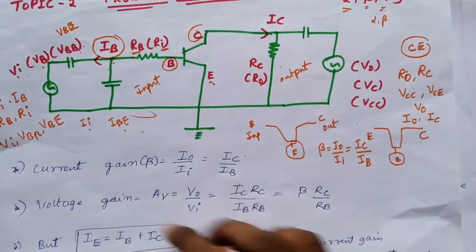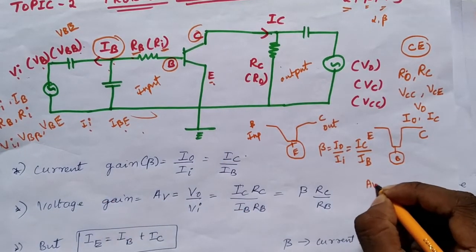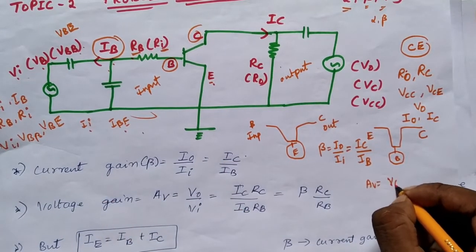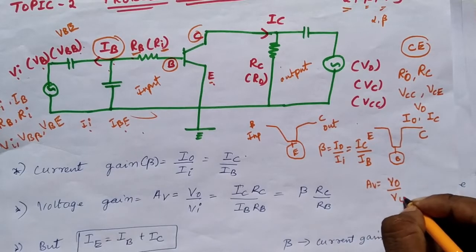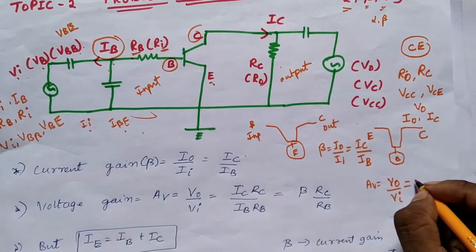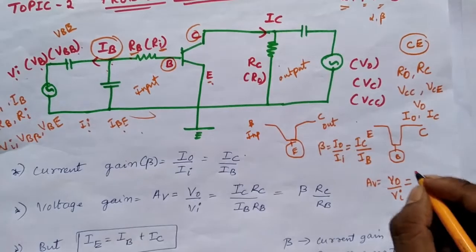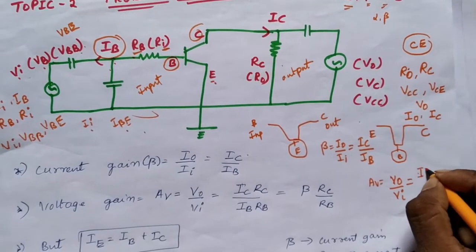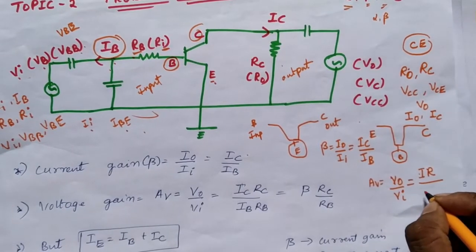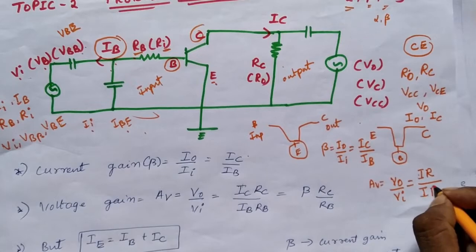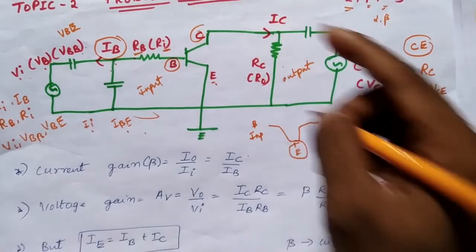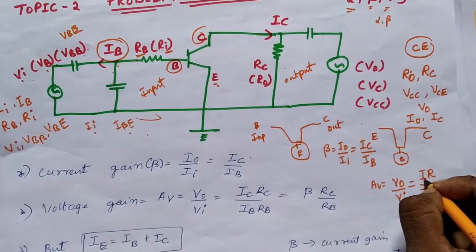Okay, next, voltage gain is output voltage VO divided by input voltage VI. Output voltage means by applying Ohm's law we know that voltage is I into R. So here also I into R, but I means what in output? That will be collector current.